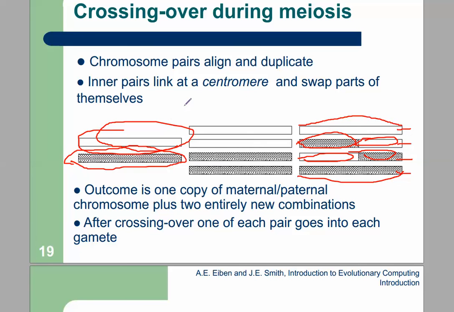It may be a combination of one gene from father and another from mother. It is a random combination, and it is named crossover.